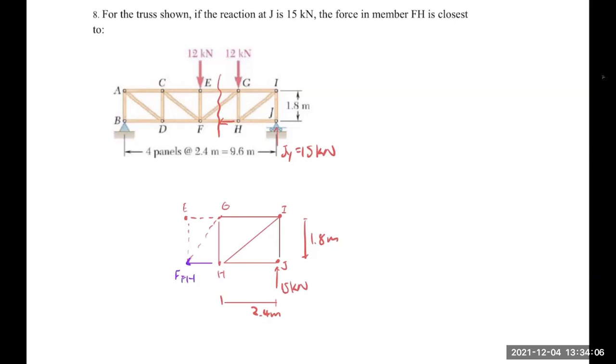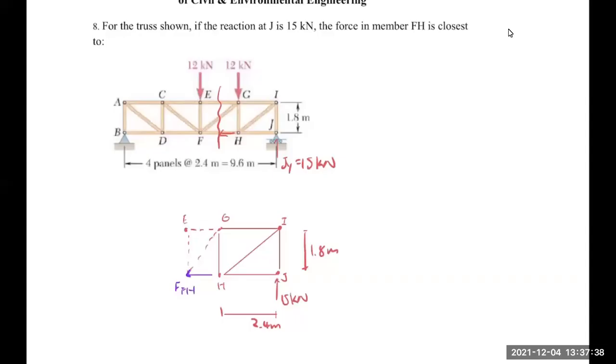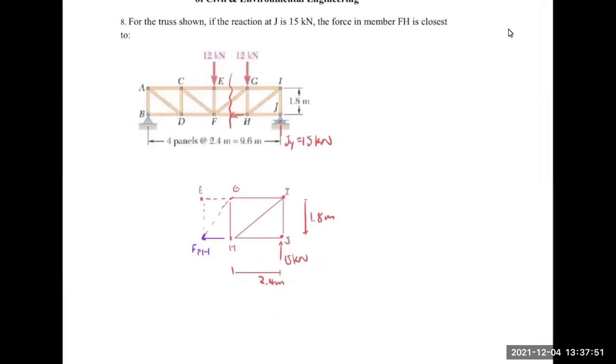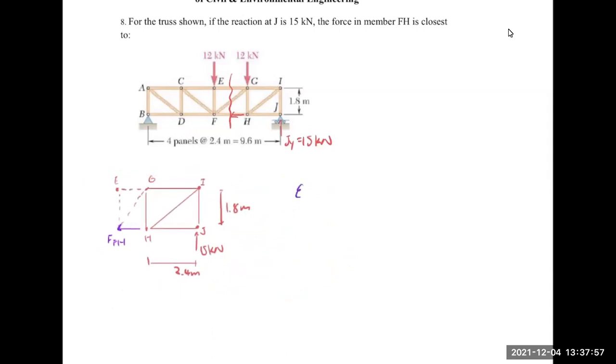actually also asking for maybe FFG, FEG. Okay, so for this problem, we can simply take a moment about point G, so that we are able to solve for FFH. And then a moment about G, we have this 15 kilonewton that's going counterclockwise about G, so that's positive, with a perpendicular distance of 2.4.